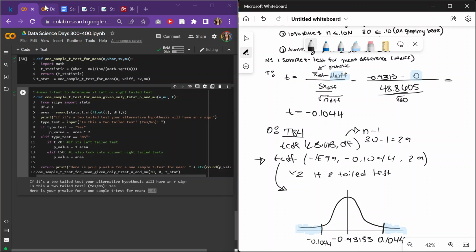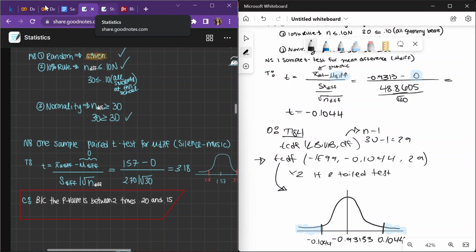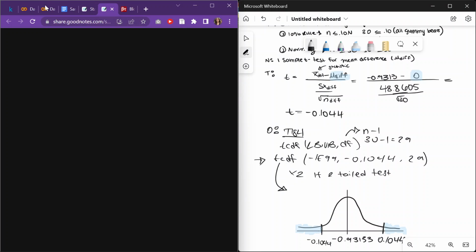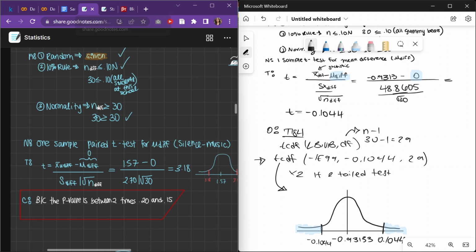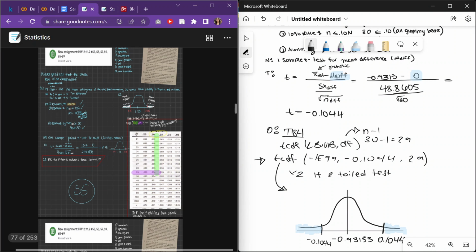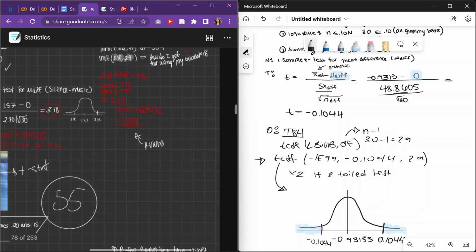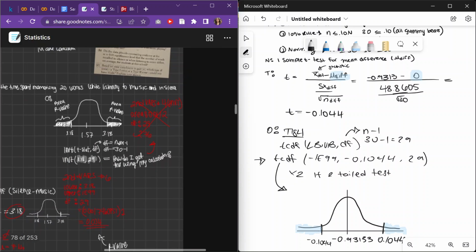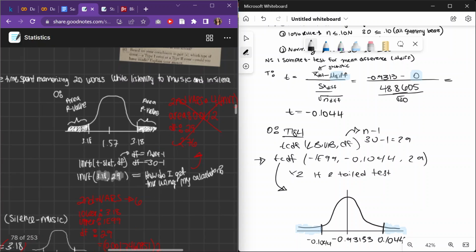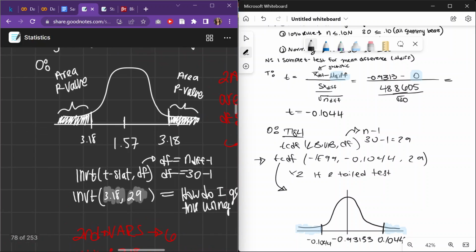So I'm just trying to understand how this is working out right now. I'm just trying to see if I have an explanation. Don't tell me it was inverse T instead of TCDF.